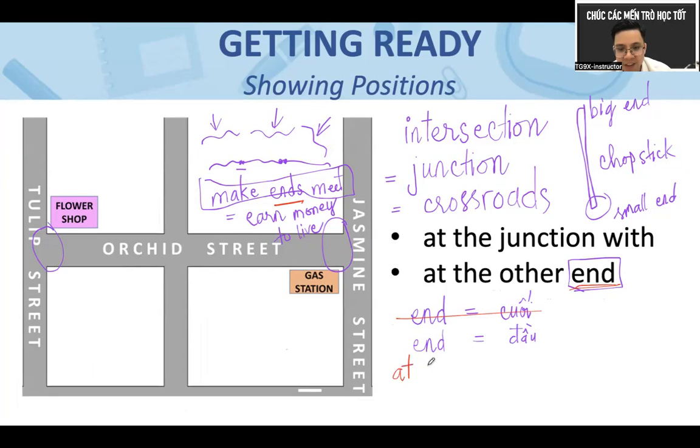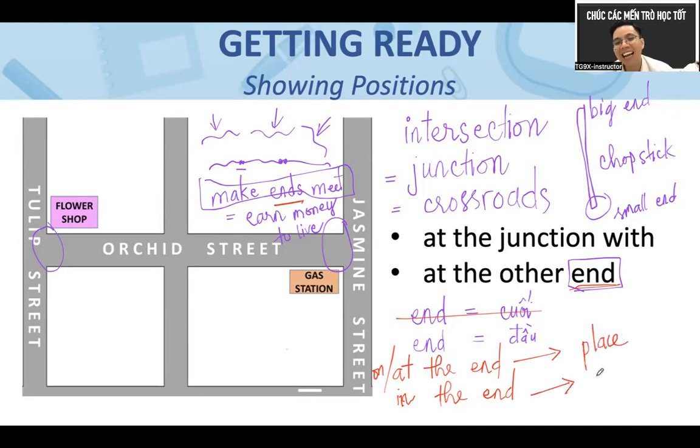Can you tell me the difference between at the end and in the end? At the end is place.